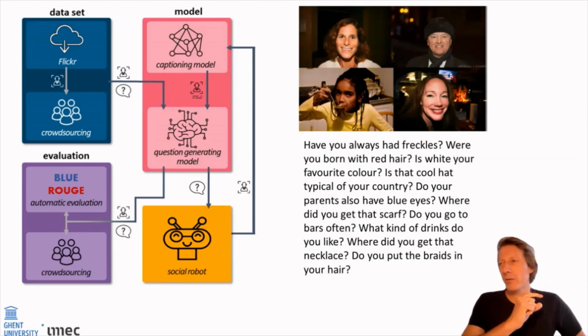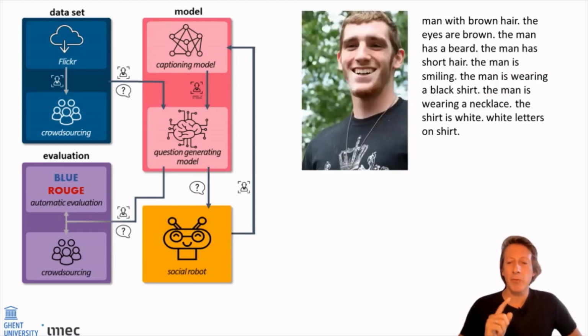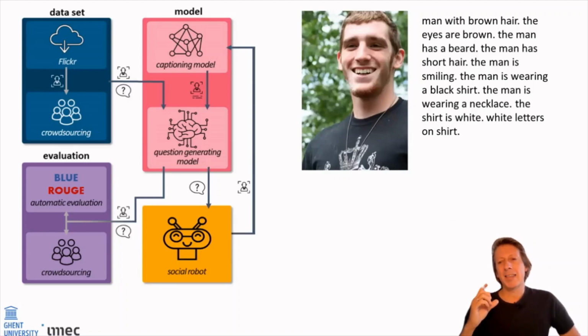Now, we didn't want to go straight from the image to conversation starter, so not end to end here, but instead we used a captioning network to make the challenge a bit more feasible, because otherwise we would need too much data. Captioning networks take an image, and off that image, they generate a number of small textual descriptions of various elements in the image.